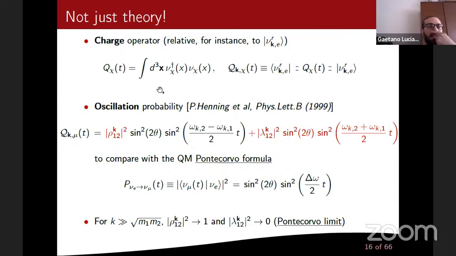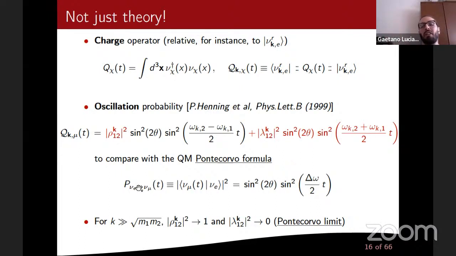One more evidence is given by the oscillation probability. This is the quantum mechanical formula, the standard Pontecorvo formula. And here you can understand why the observation of flavor oscillation necessarily implies that neutrinos, at least one generation of neutrino, should be massive, because this delta omega is essentially proportional to delta m, the difference between two generations of mass.